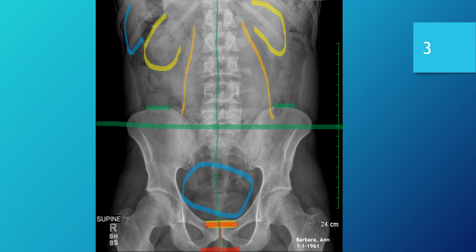Number 5, does the image demonstrate appropriate reference information? As a matter of fact, this one's actually pretty good. They were very forward thinking when they created this one. We have a notation that the patient is supine, which is helpful.